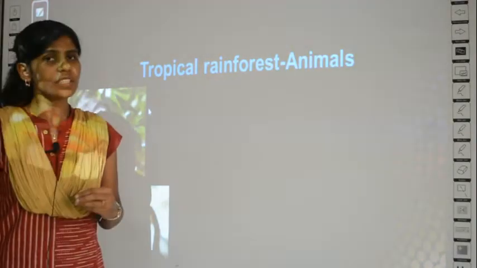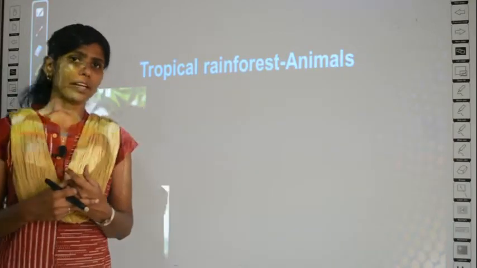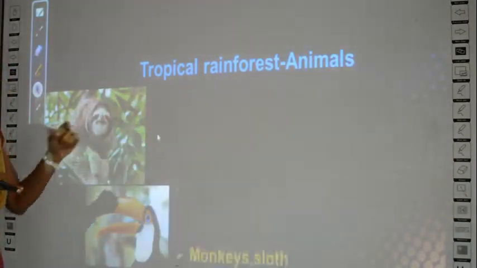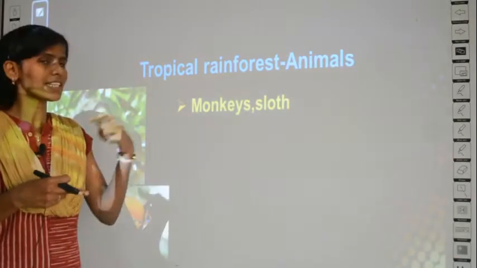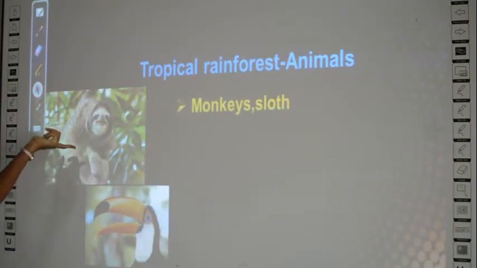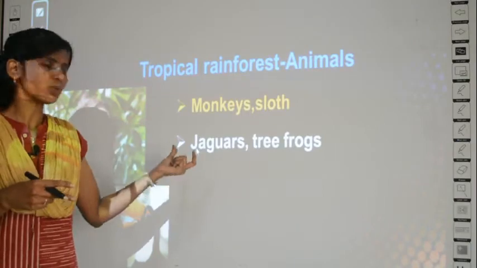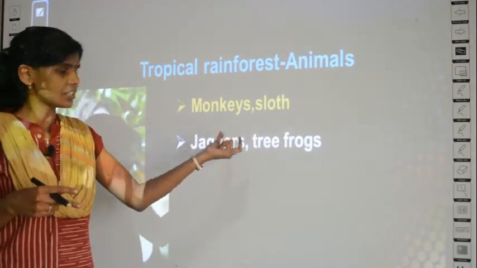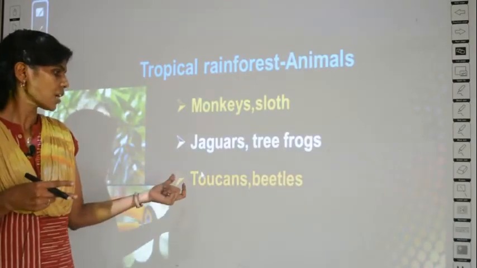Okay, then what about the animals in tropical rainforest? Which animals can you find in tropical rainforest? You can find monkeys, you know, right? And sloth. This is sloth. It appears like a monkey, it is a sloth. Okay, and jaguars and tree frogs you can find in tropical rainforest, and toucans.